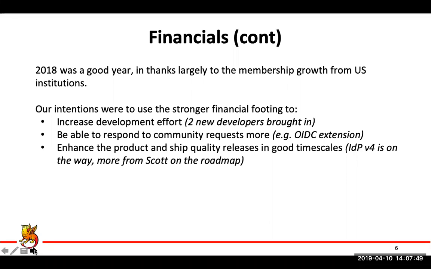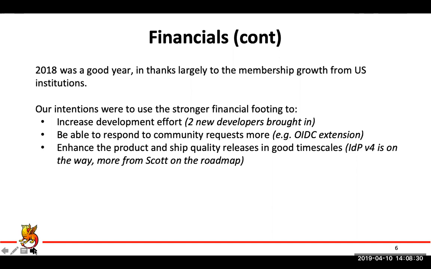So our intentions with our stronger financial footing remain the same really as where we were building from in 2017. As I mentioned, we've got 2 new developers in the team now, and we would like to increase that development effort. I don't necessarily mean increasing the number of people, but being able to increase the amount of time that those people have available to the consortium and the Shibboleth project. We'd like to be able to respond more to community requests, and part of today's exercise is to try and gather some feedback from you as users of the software, and to see how we can push the strategic direction of Shibboleth as a product.